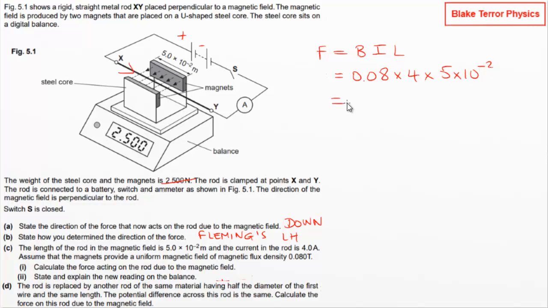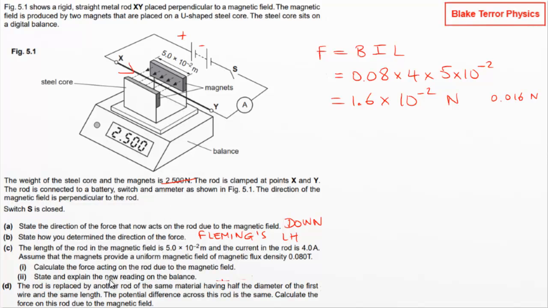So we've got 20 times 10 to the minus 2, so that's 0.2. So we're going to have 1.6 times 10 to the minus 2 newtons all in all, 0.016 newtons. That's fine.